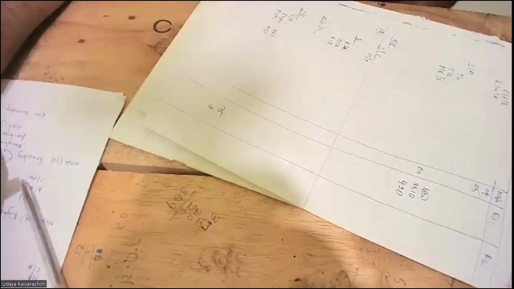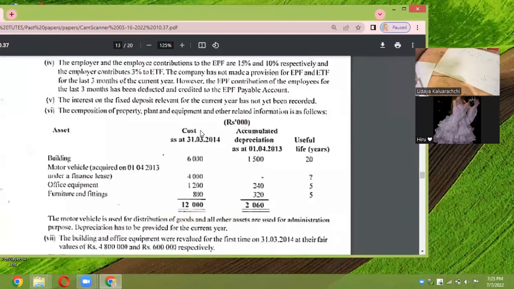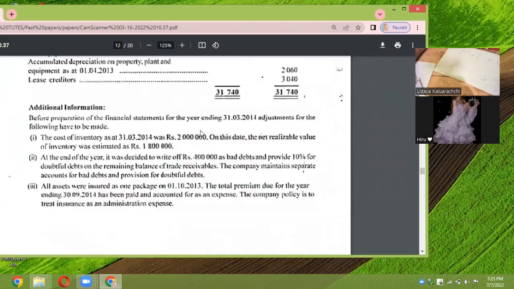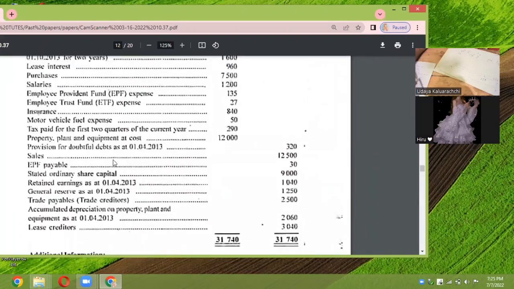Next adjustment. The interest on the fixed deposit relevant for the current year has not yet been recorded. Right. Then there is a fixed deposit, FD.